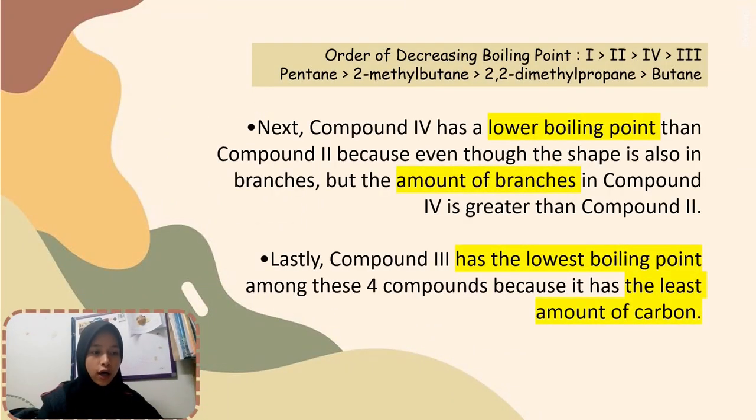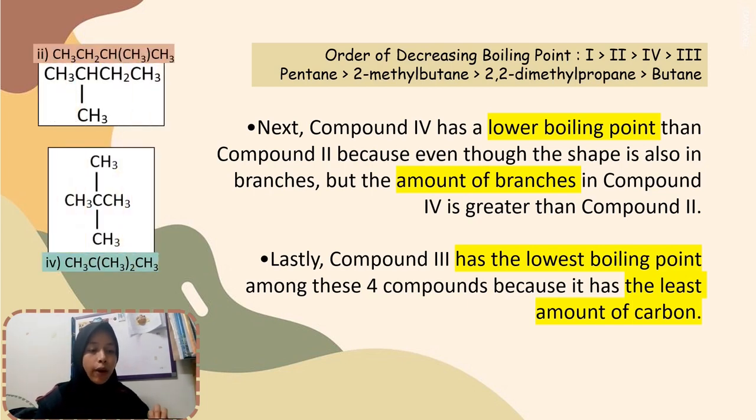Compound number 4 is the third highest in boiling point among these 4 compounds and has a lower boiling point compared to compound number 2. If you can see the similarities between compound number 4, 2,2-dimethyl propane, and compound number 2, 2-methyl butane, each of them has a branch. But compound number 4 has 2 branches compared to compound number 2, which has only 1 branch.